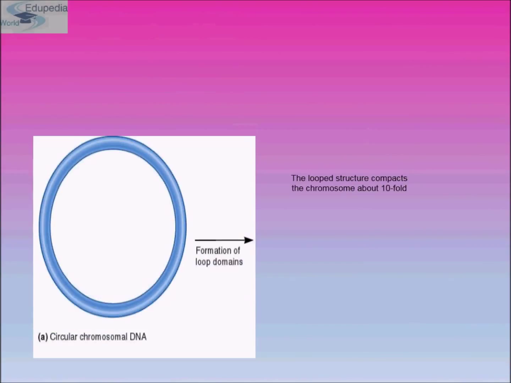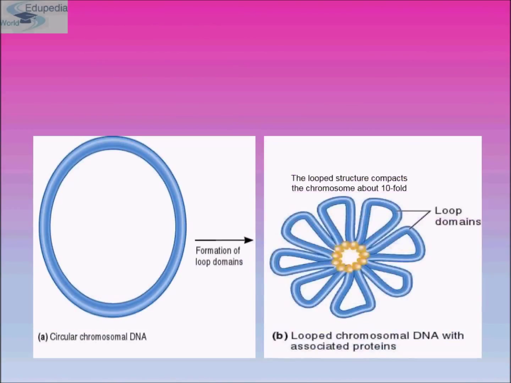This is the circular chromosomal DNA that is found in bacteria, and this is the formation of the loop domains. The loop structure compacts the chromosome about 10 fold. As you can see, it has formed folds with associated proteins.